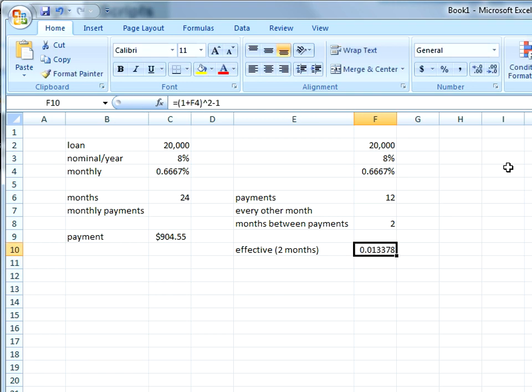So now this is the interest rate for 2 months. And now we have enough information to compute the payments.